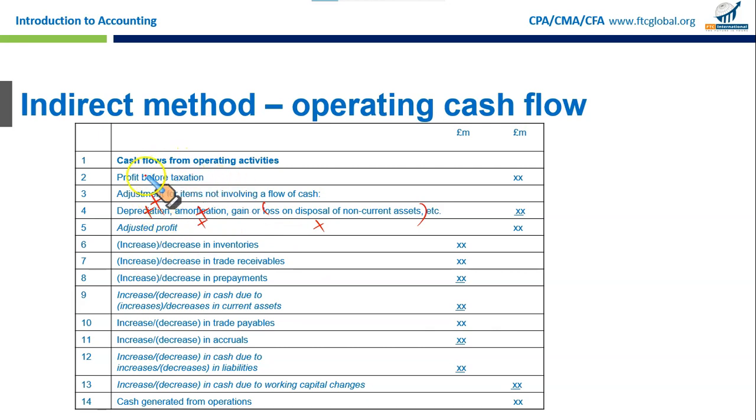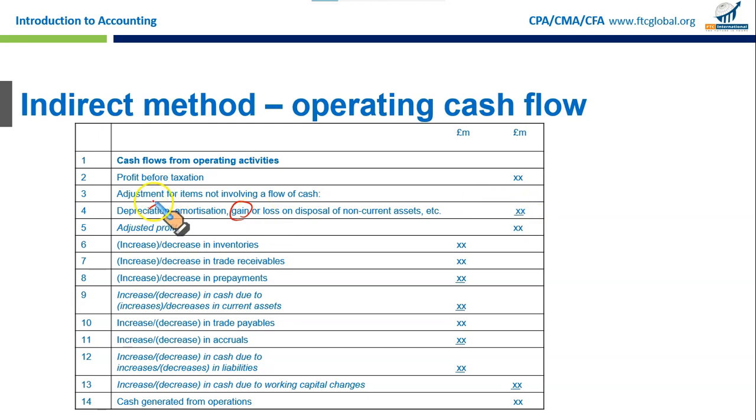These items have been used to calculate the profit figure. So now we reverse it back so that we can reconcile our profit with cash flows. So if the loss on disposal is added, if there is any gain on disposal, you sell an asset and there is a gain on such disposal, it is deducted.